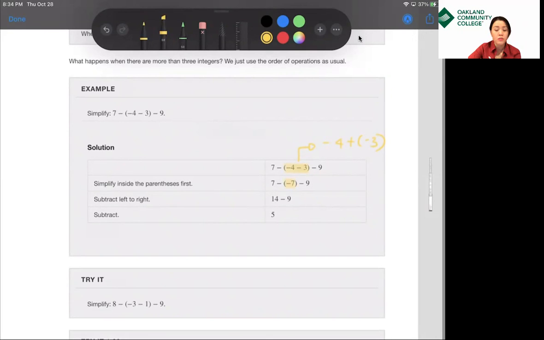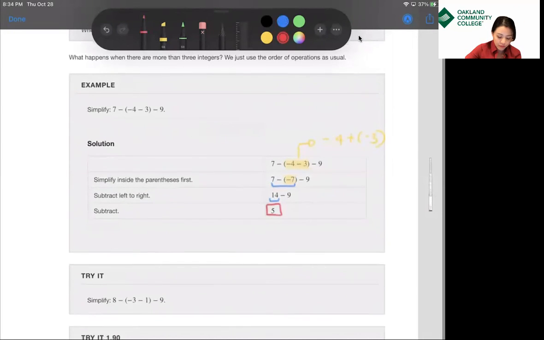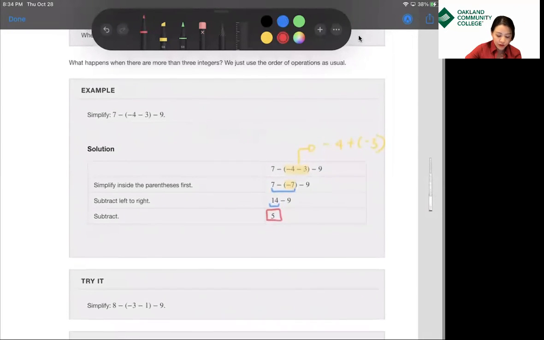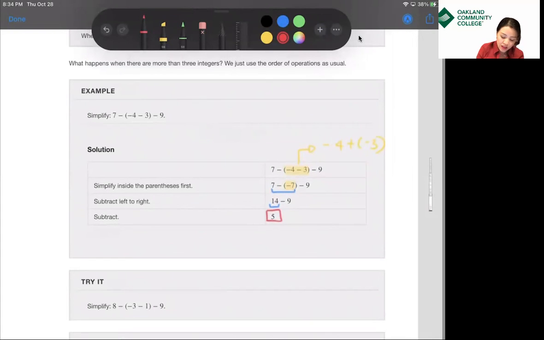And now I'm going to subtract from left to right. So 7 minus negative 7 is 7 plus 7, right? Minus minus becomes plus. So 7 plus 7 is 14. 14 subtract 9 is positive 5. Right, let's try this example. I have 8 subtract the quantity negative 3 minus 1, and then subtract 9.